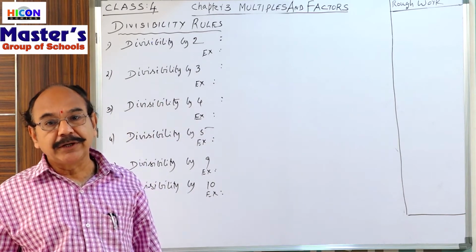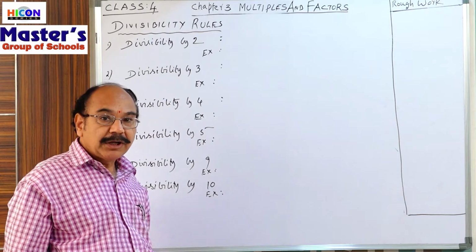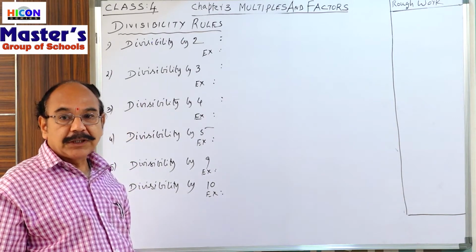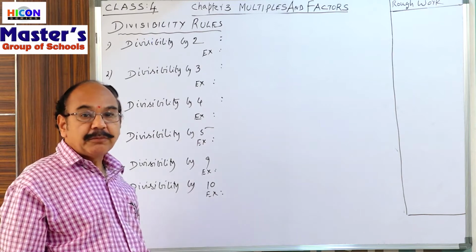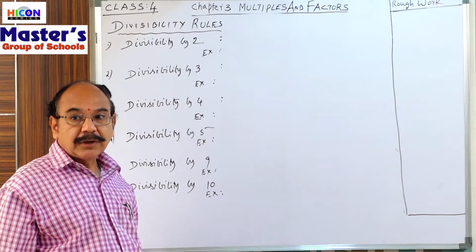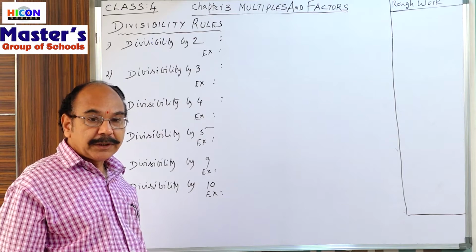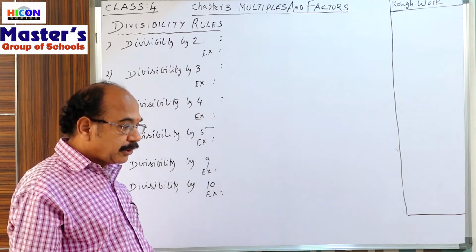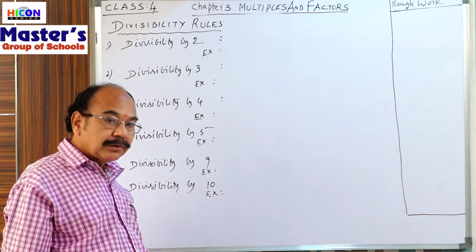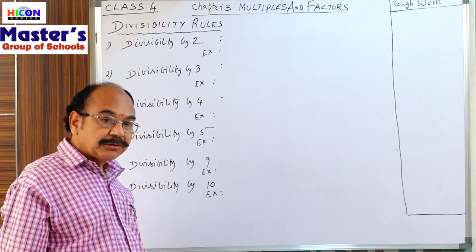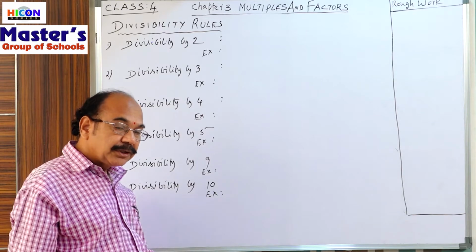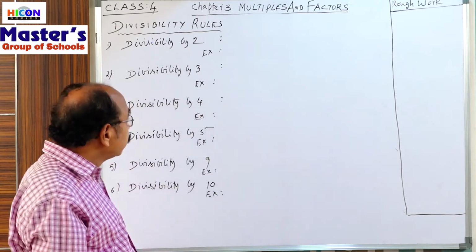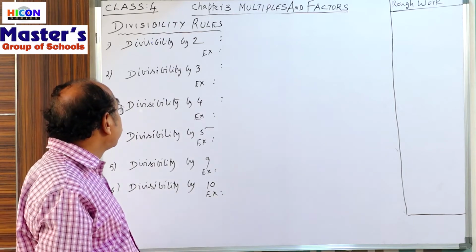Without actual division, just by following the rule, we can say whether the given number is divisible or not divisible by a given number, using the following rules. What is the first one?